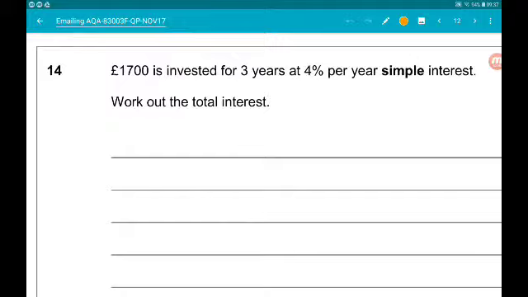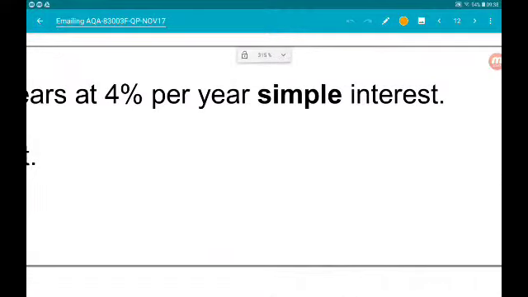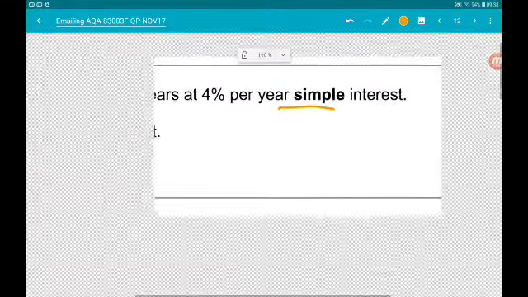Okay, question 14, we have interest, so I'll put my percentage increase and decrease playlist down below. This is in there. So, £1,700 is invested for 3 years at 4% simple interest.